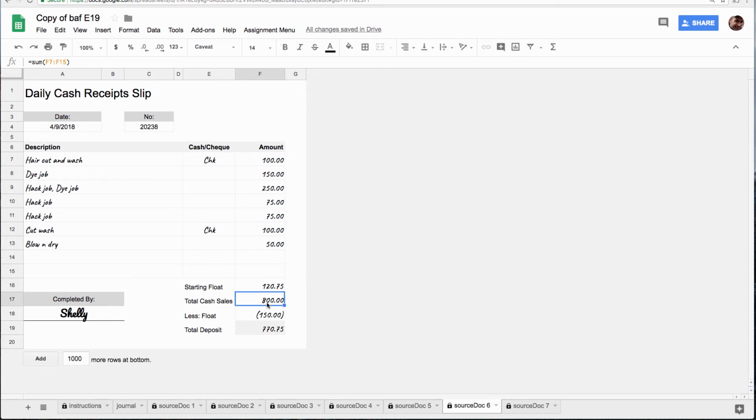And we had cash sales total, which has to by law include tax. You can't add it on after the customer leaves. And this is the float that was kept, which is more. So the float went up more. So this starting float plus all cash that went in from sales, minus the float they're keeping for the next day, results in a cash deposit into the bank of $770.75. Well, that is clearly the cash deposit. That's the easiest part of this transaction.